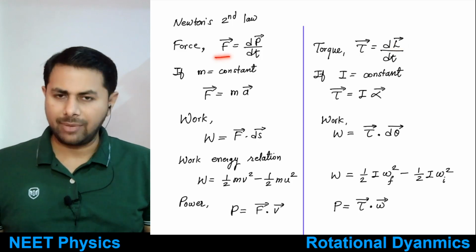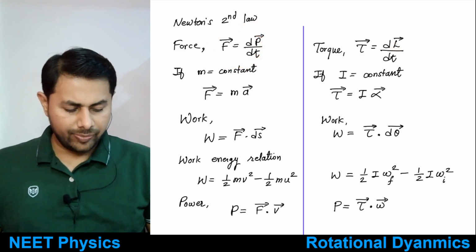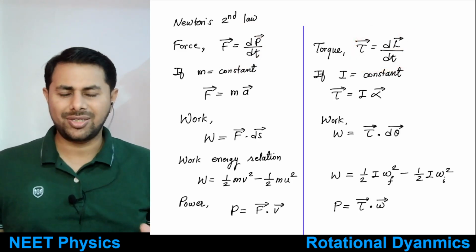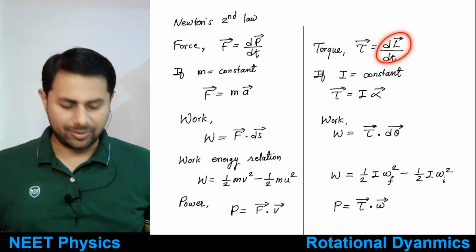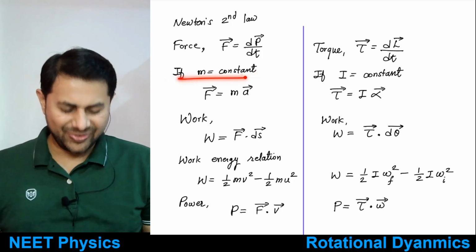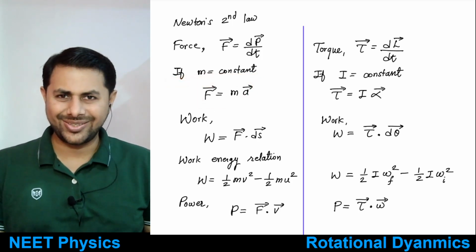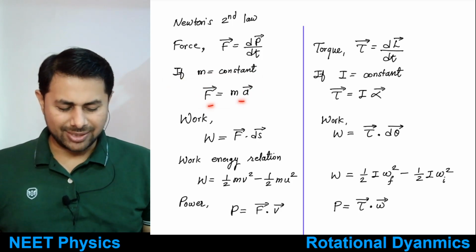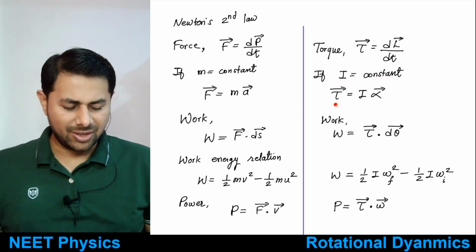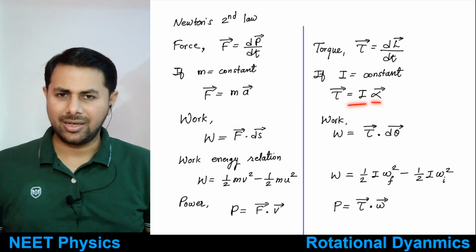Just like F is equal to dp by dt is Newton's second law for linear motion, this is Newton's second law for rotational motion. Torque is equal to what? Rate of change of angular momentum. And if mass is constant in linear motion, then force can be written as mass times acceleration. Just like that, if I is constant, then torque is equal to I multiplied by alpha.